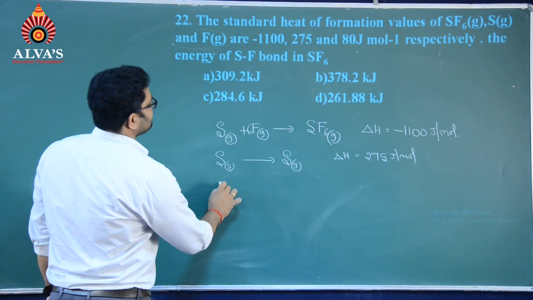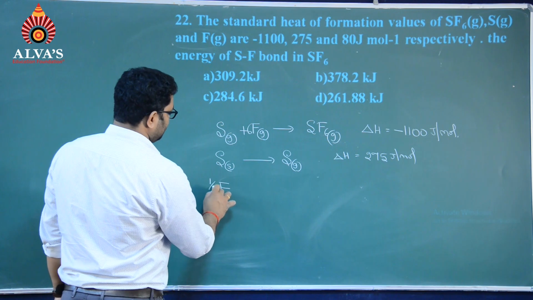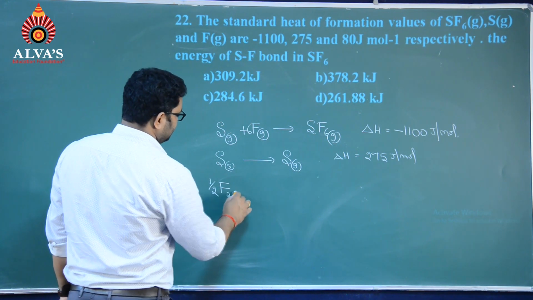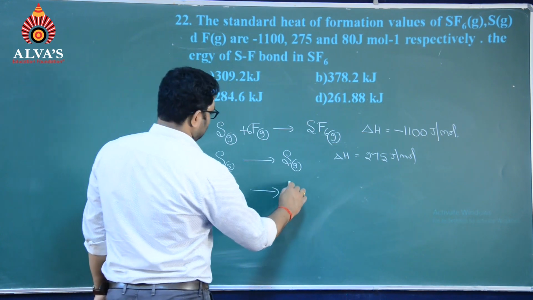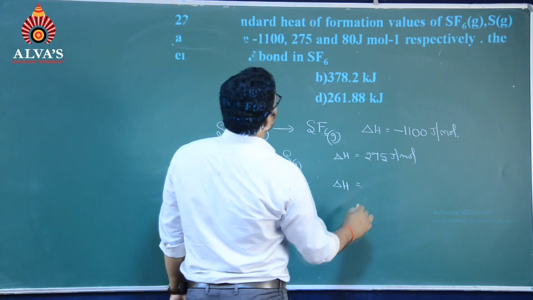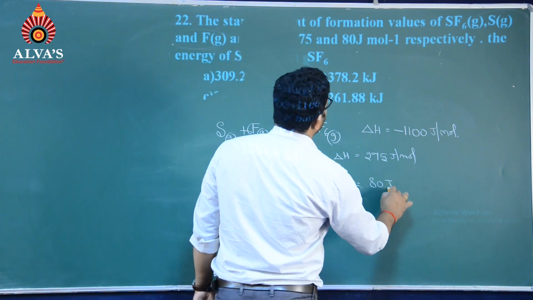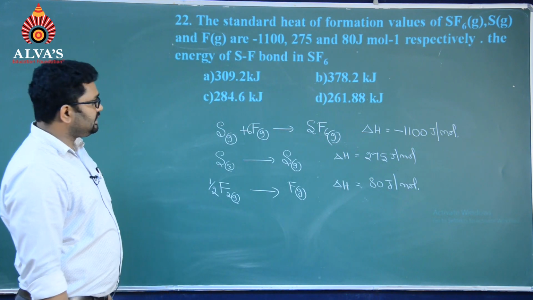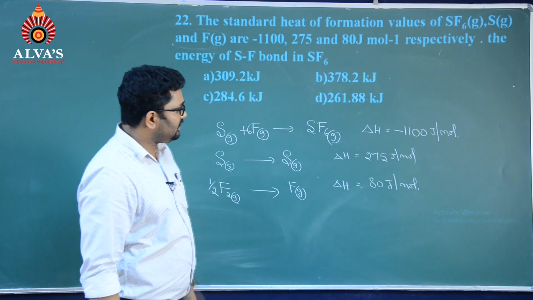Now the third one is half F2 gas will give you F gas. The delta H is 80 joule per mole. Now the question is, what is the average bond enthalpy of SF6?